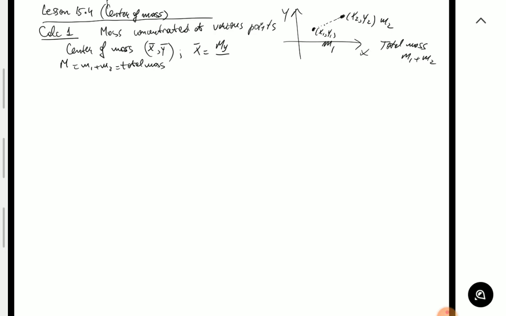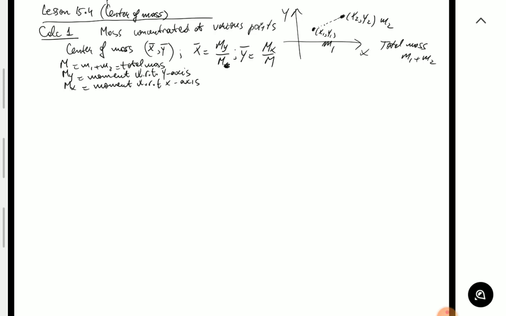My is the moment with respect to the y-axis, and Mx is the moment with respect to the x-axis. I'll explain what that means in a second. The formula is x bar equals My over M, the total mass, and y bar is Mx over M.